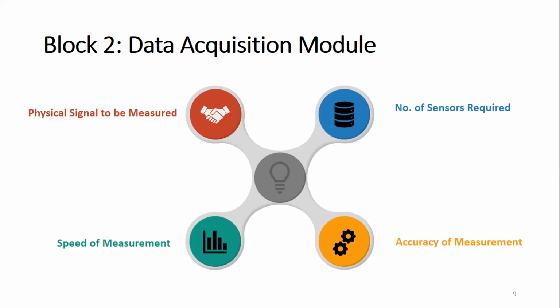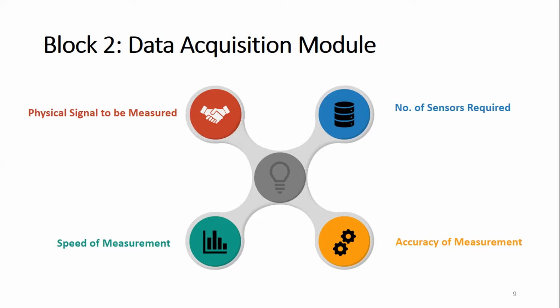First thing is, what sort of physical signal are we going to measure? That means, what kind of data or signal are we going to collect? It can be a temperature related signal or humidity or vibration or something else. The second question is, how many sensors of each type do we need? Are we going to deploy only one particular sensor or multiple sensors?